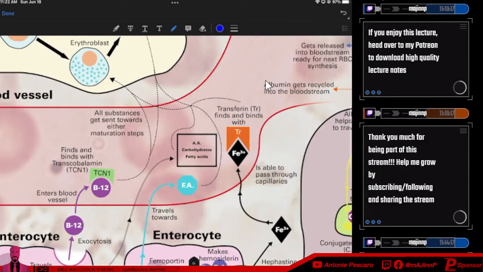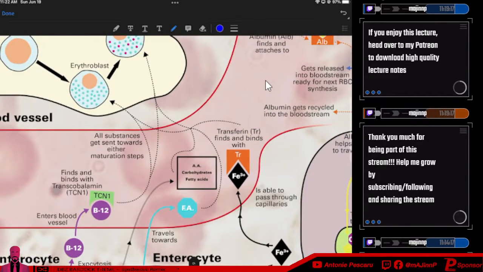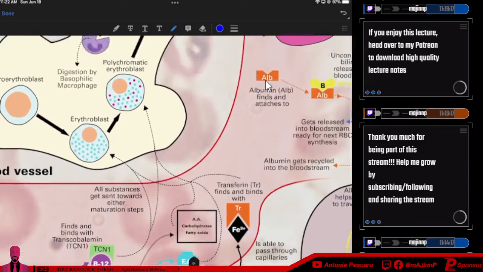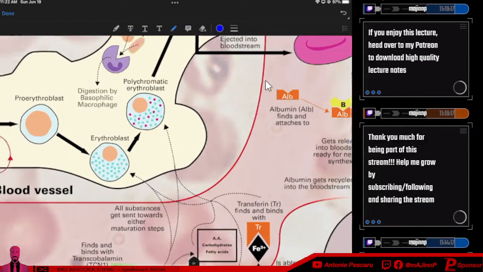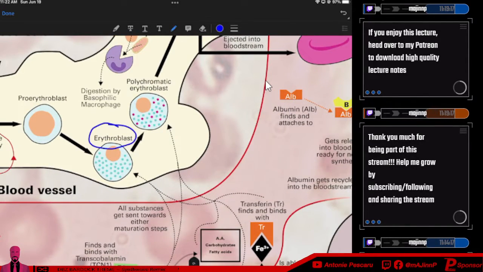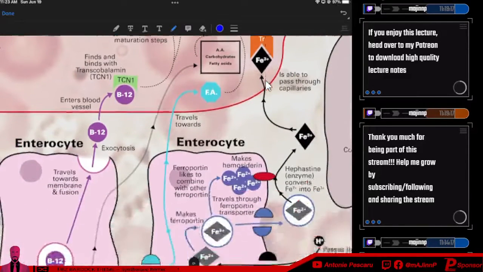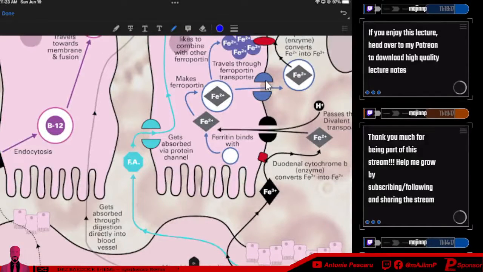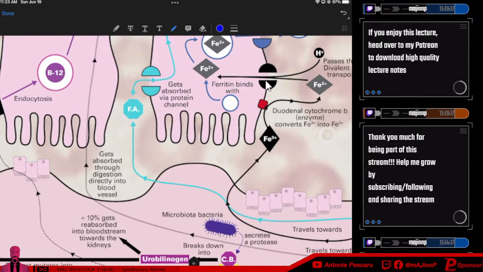Very simple. And then finally, the folic acid makes its way into either two sites, either to the erythroblast or the polychromatic erythroblast to stimulate its growth. That's what it simply does. It's very simple, very straightforward. You don't need to understand a lot more about the pathway of folic acid.